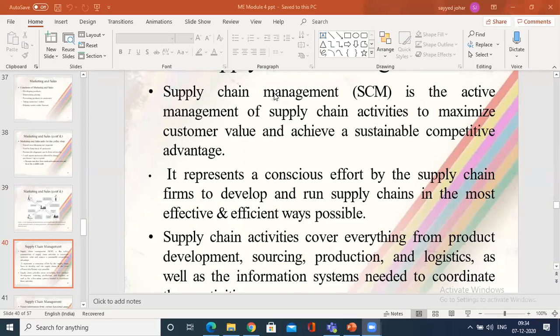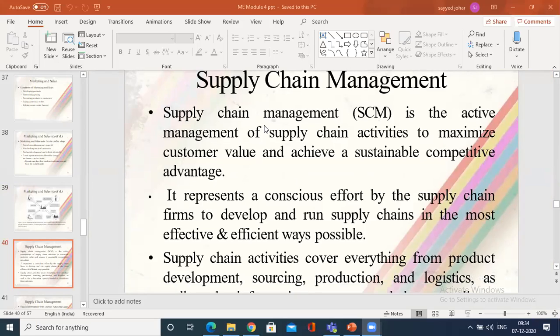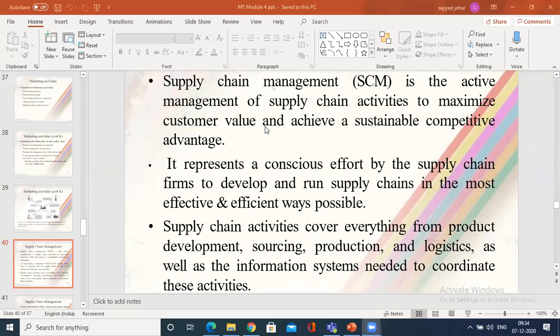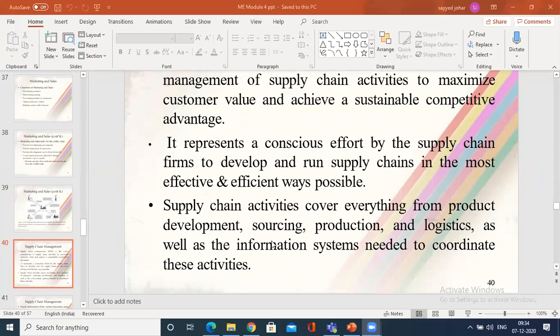So overall, I have just explained the various functional areas of the functions of all these four departments. Supply chain management is the active management. Supply chain activities cover everything from product development, sourcing, production, and logistics.